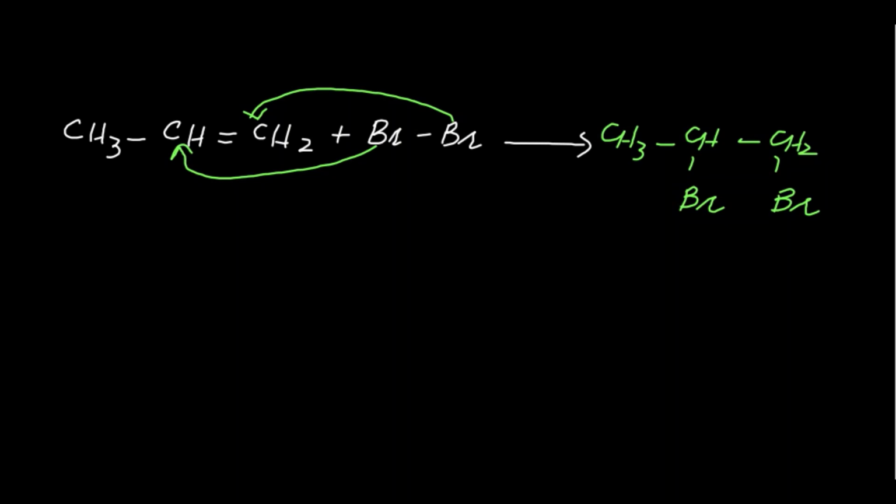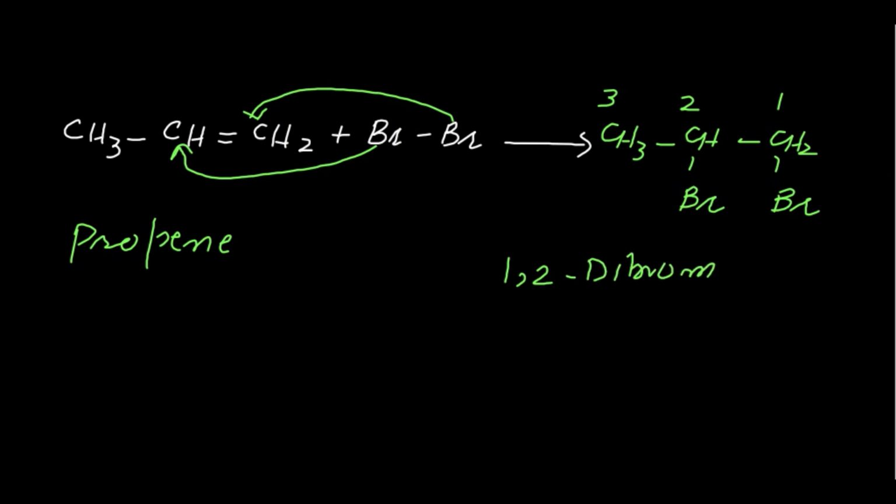This molecule is propene. Right, students? After the addition of bromine water, the purple color of bromine water will be discharged. Right, students? And the product which is formed is 1,2-dibromoethane. Students, we will see one more question.